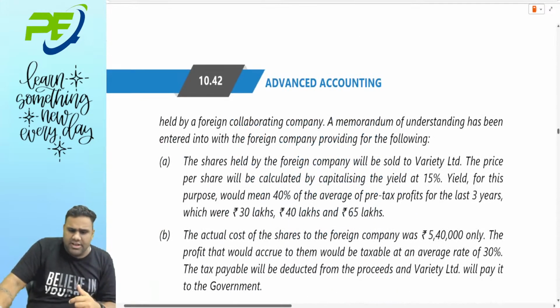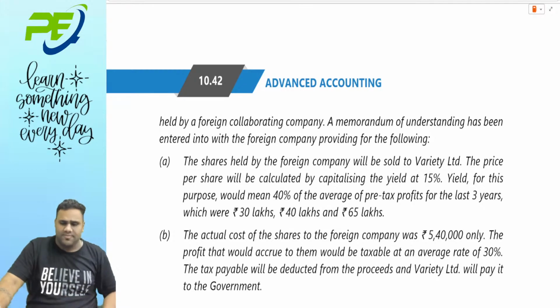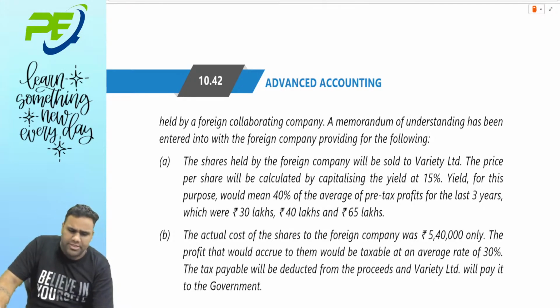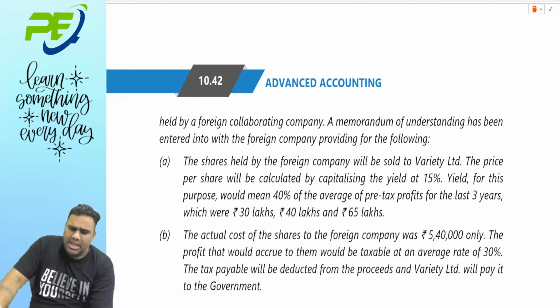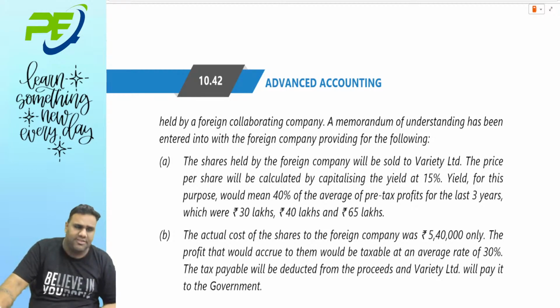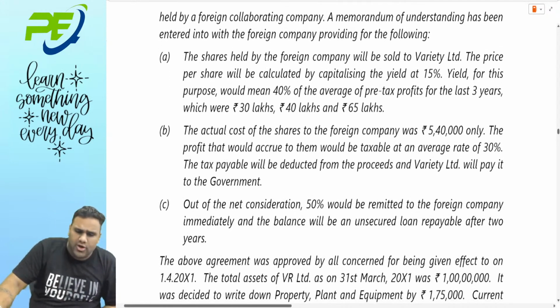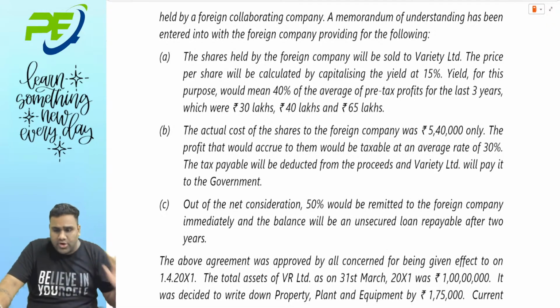The price per share will be calculated by capitalizing the yield at 15%, the capitalization method. Yield for this purpose would mean 40% of the pre-tax profits for the last 3 years, which were 30, 40, and 65. Don't worry about this, I will take you through. The actual cost of the shares to the foreign company was 5,40,000 only.